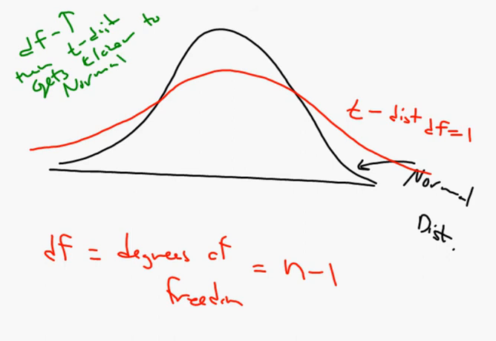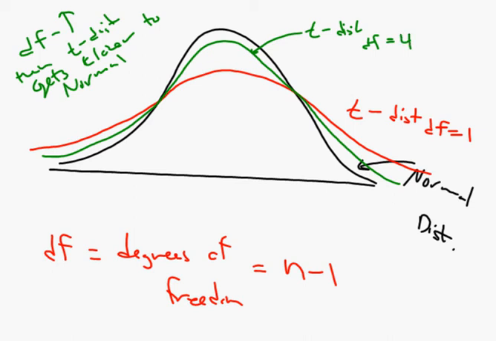What I mean is, let's say you had a bigger sample size, and then your degrees of freedom would go up. If the sample size were maybe 5, then degrees of freedom would be 4, and you might get a t-distribution that looks like this. So the green one is a t-distribution with degrees of freedom equal to, say, 4 in this case. Okay, because it was n minus 1. I was saying, hey, pretend n was 5.